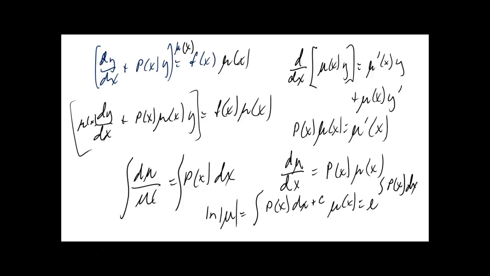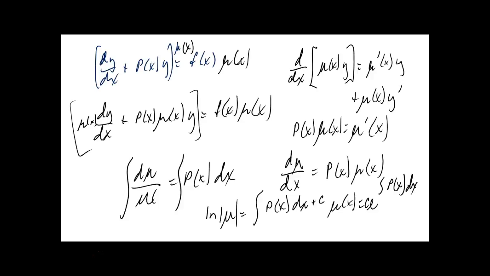Then your mu of x becomes a c times this. That's where your constant comes in. It's not the same c as before, it's a different c. It's still a constant.